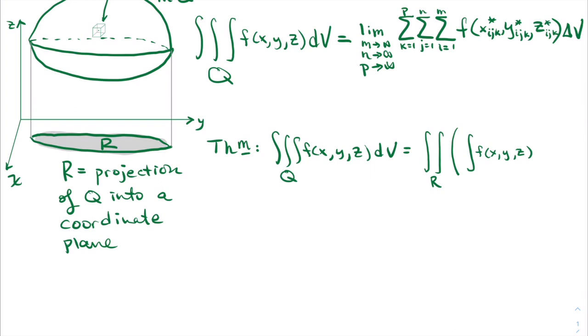And then we'll integrate dz here, where the limits on z go from a lower surface to an upper surface.